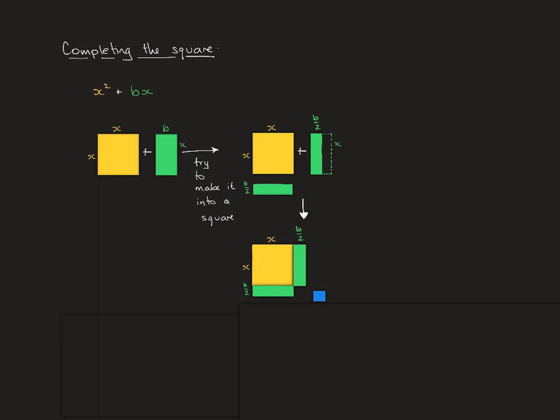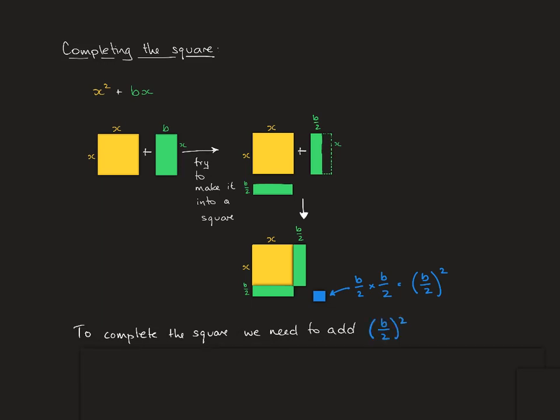So that little square has an area of b divided by 2 all squared, because the area of a square is length times width. So to complete the square, we need to add b over 2 all squared. And that's what we need to complete the square.